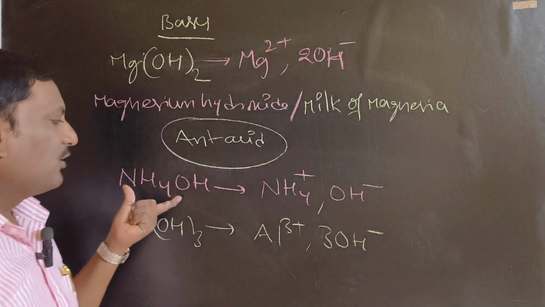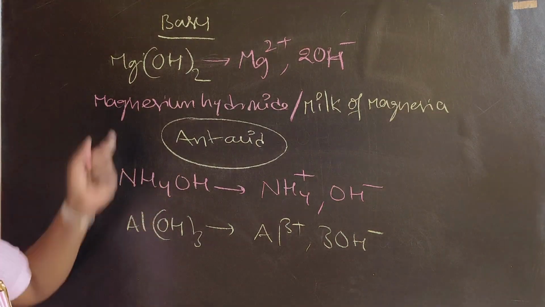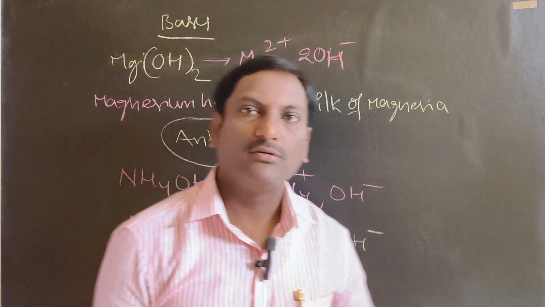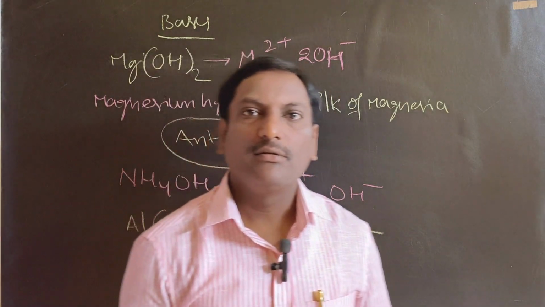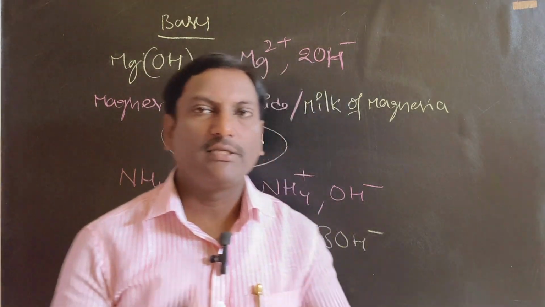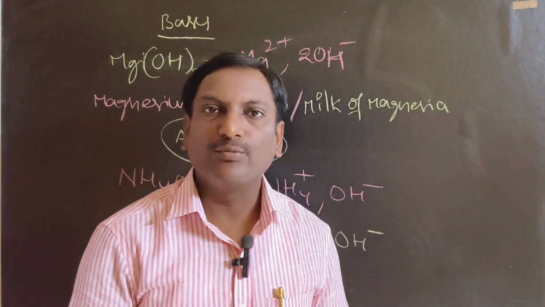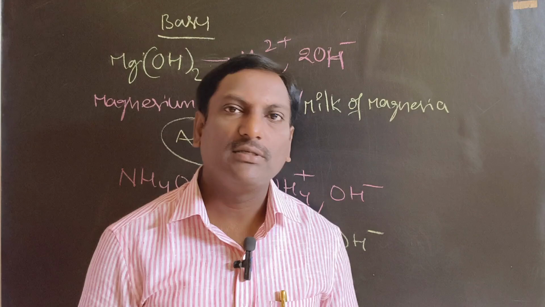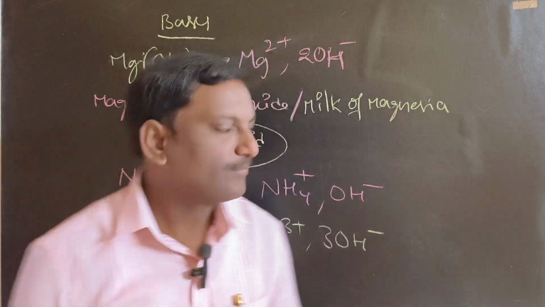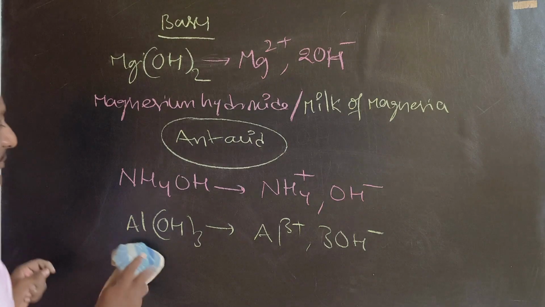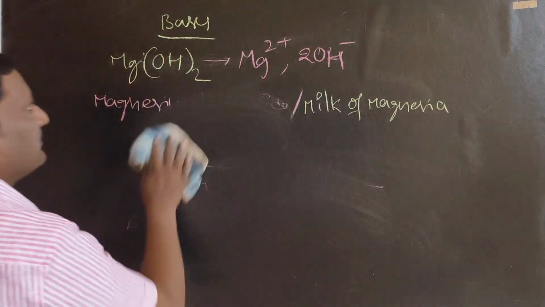Aluminum hydroxide, ammonium hydroxide, magnesium hydroxide, calcium hydroxide, potassium hydroxide, sodium hydroxide are generally considered as bases because they are ready to produce OH minus ions when dropped in water. Not only that, generally metal oxides are basic in nature. Please make a note of it.